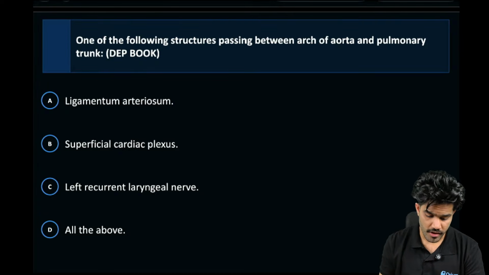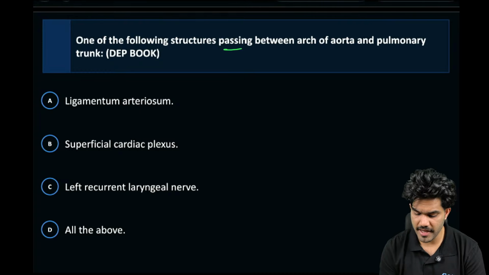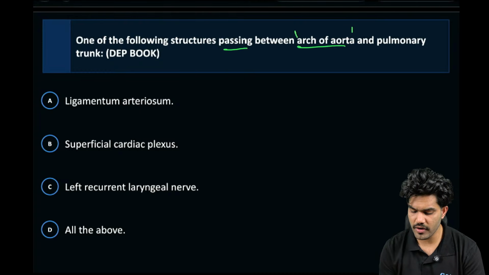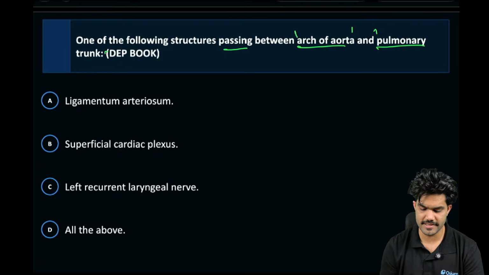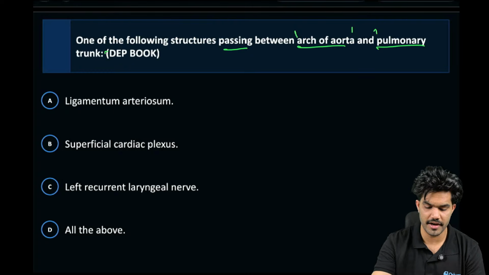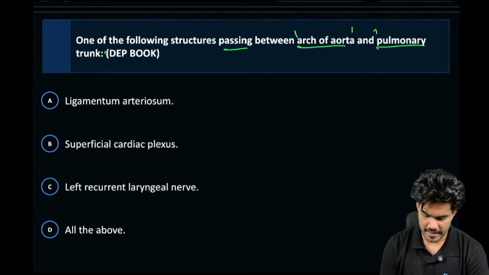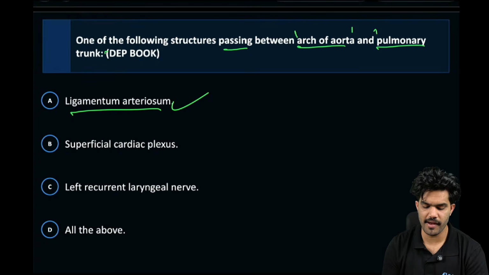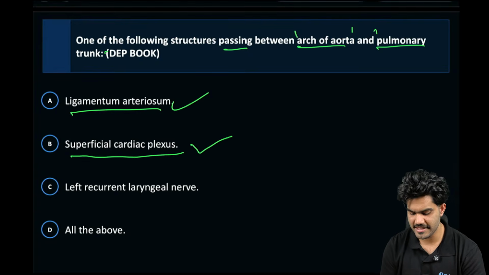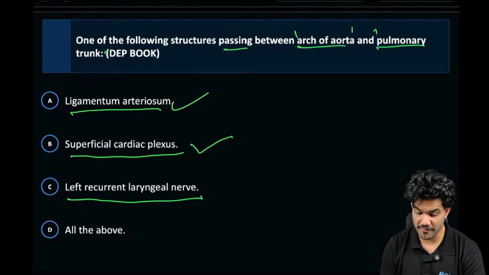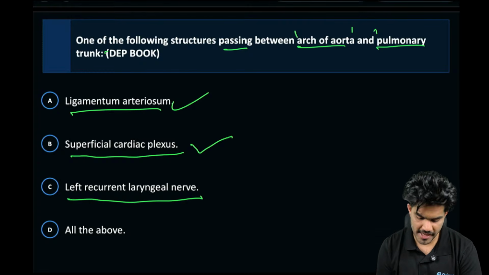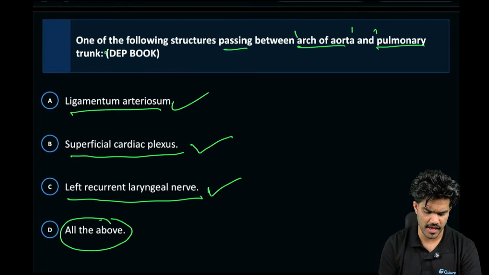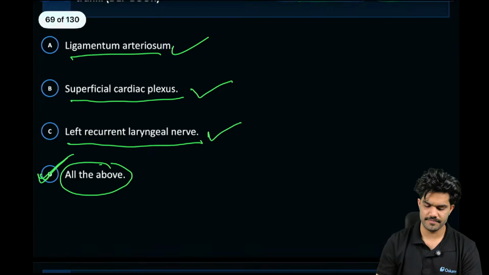Arch of aorta and pulmonary trunk. Ligamentum arteriosum, yes, it is passing. Superficial cardiac plexus, yes, it is also passing. Left recurrent laryngeal nerve, I have told, yes, it is also passing. So the answer will be all of the above.